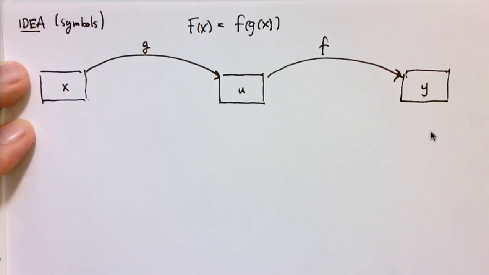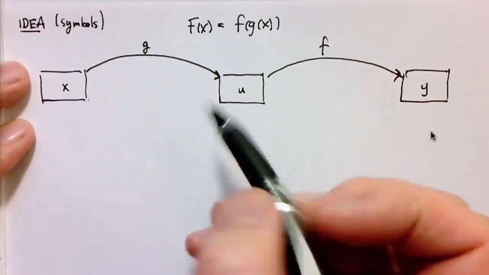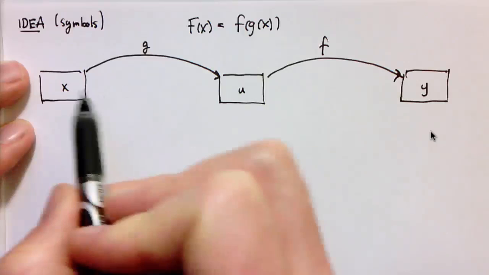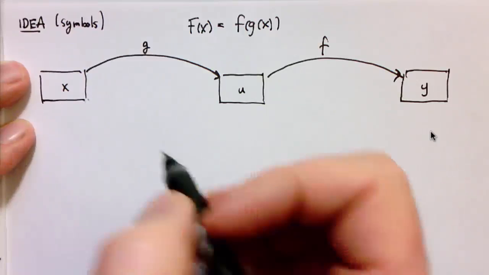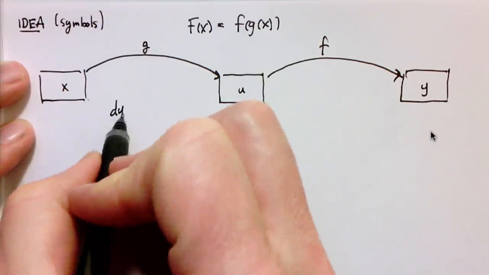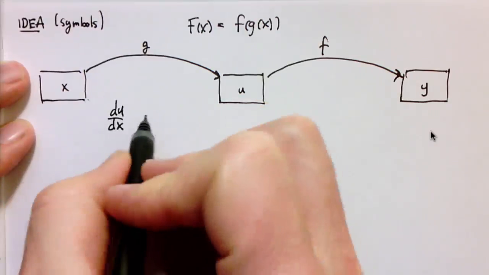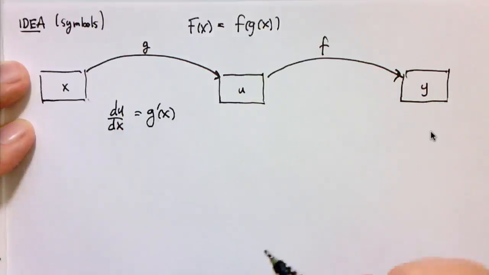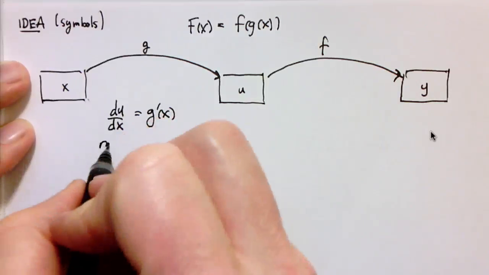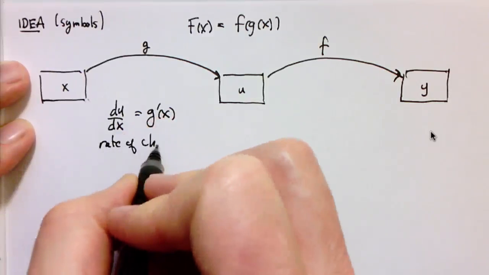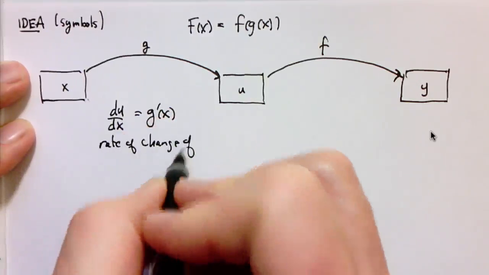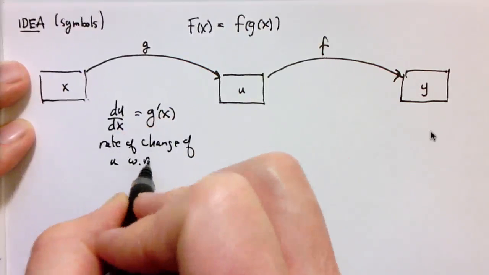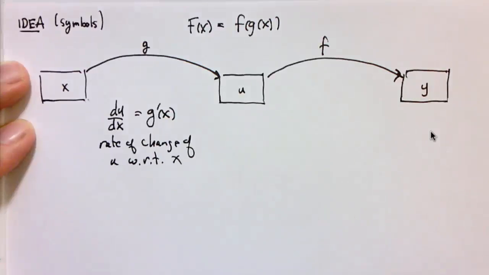All right, let's stick with the idea of rates, but now we're going to write it symbolically. What is the rate of change of u with respect to x? We call that du dx, or g prime of x. So this is the rate of change of u with respect to x.